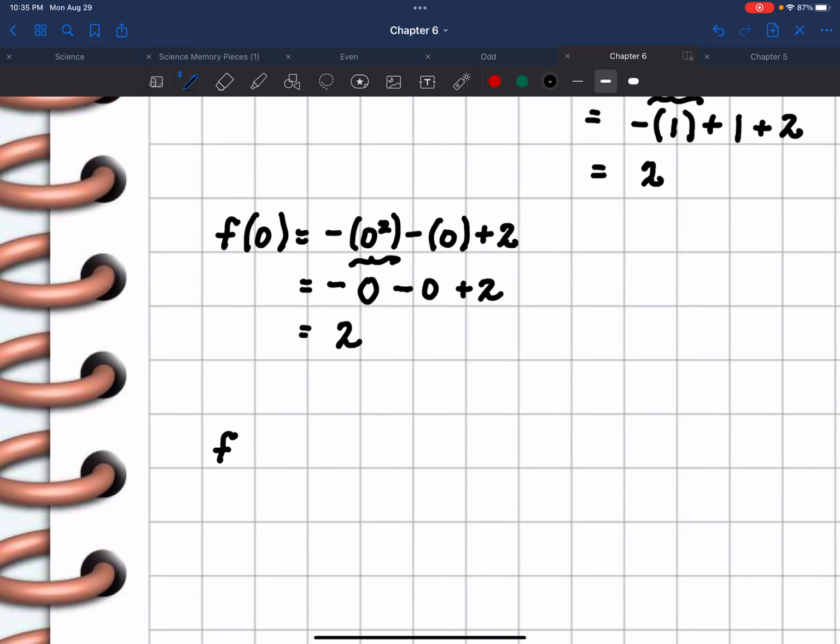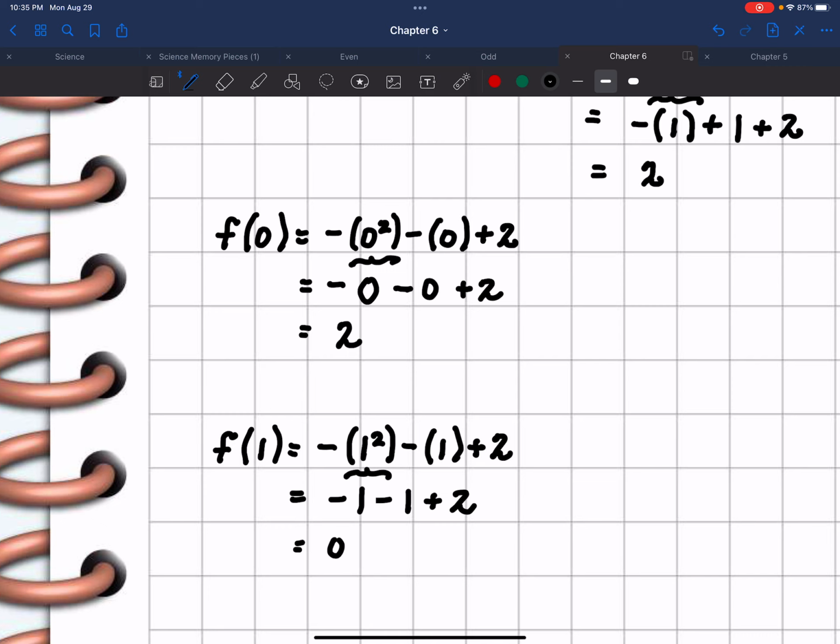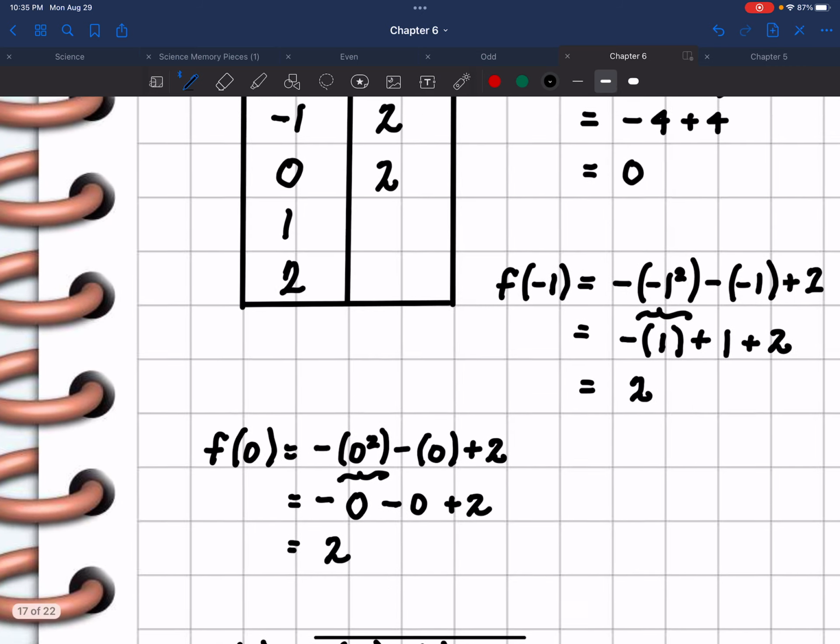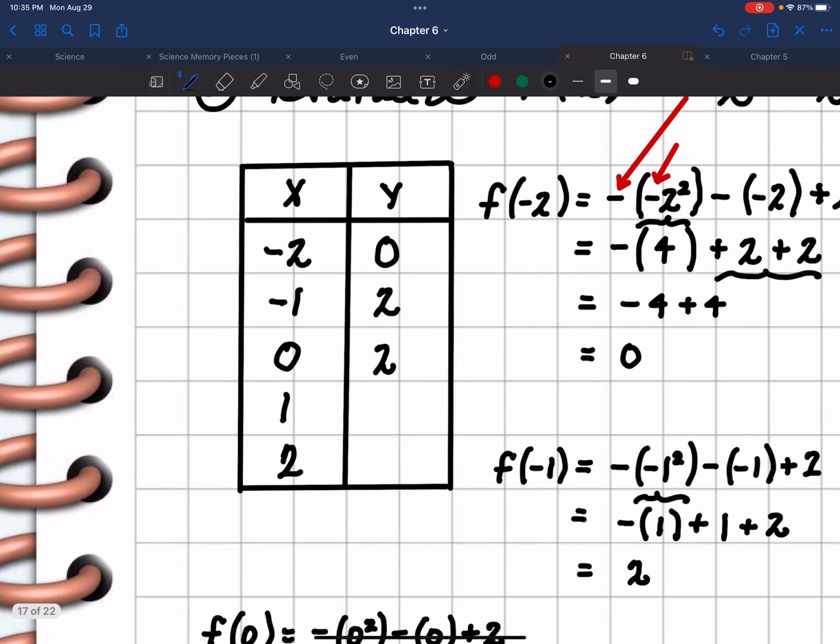Then f of 1 is negative 1 squared minus 1 plus 2. So we end up with negative 1 minus 1 plus 2 is 0. You say, well, we have another x-intercept.